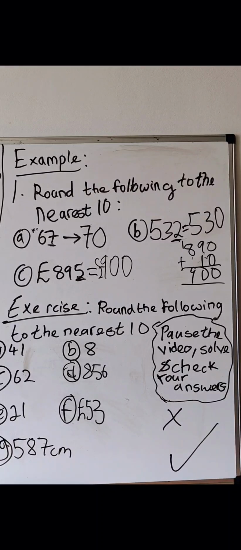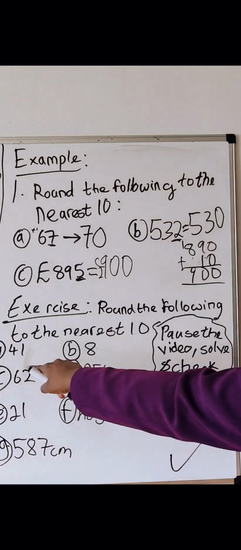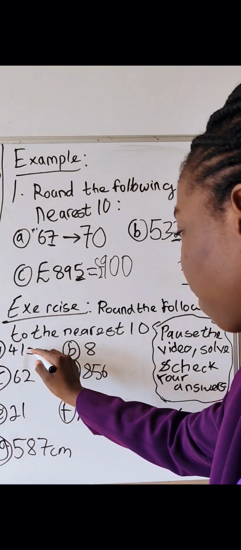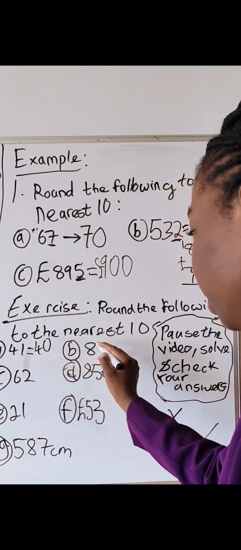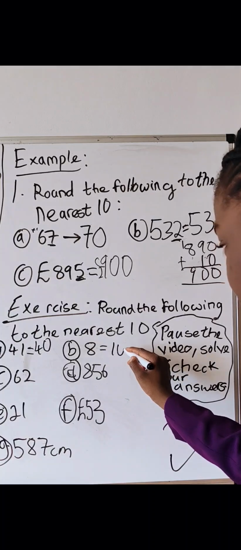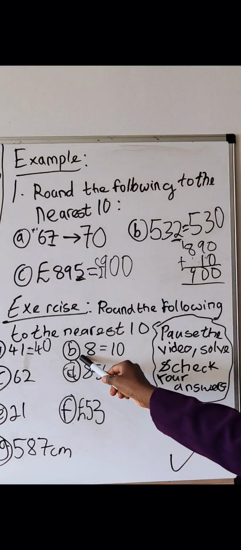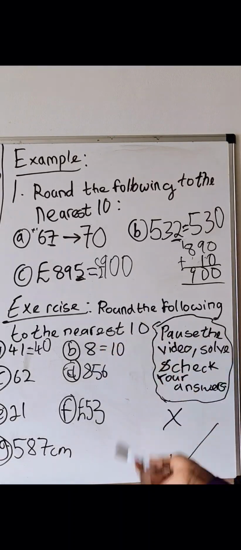So let's move on to A. So A, we have 41 and you need to round it to the nearest 10. This is a round down number, so this is 40. B is 10 because 8 is a round up number, and if we turn this one to 0 and we have 1 here to be 10.